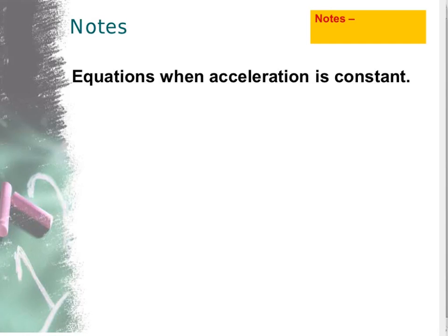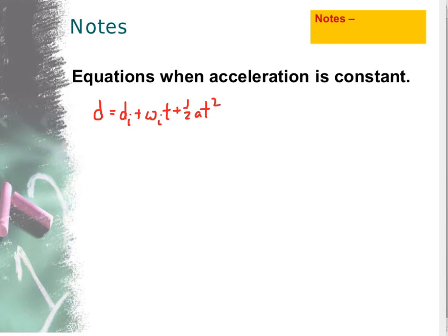If you think back to Unit 1, we can write displacement along a line equals d sub i plus v sub i times t plus 1/2 a t squared.